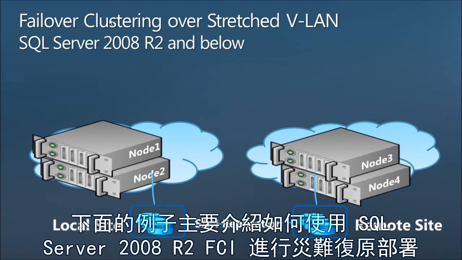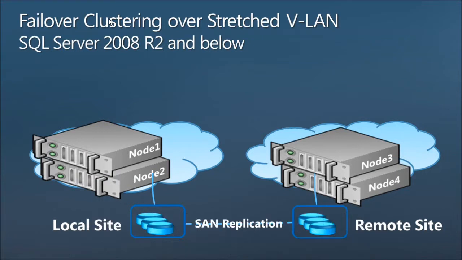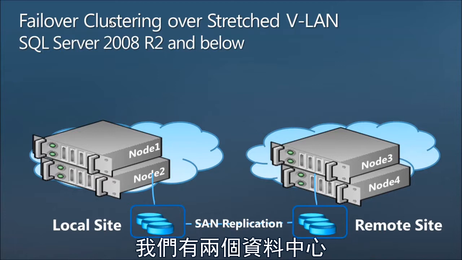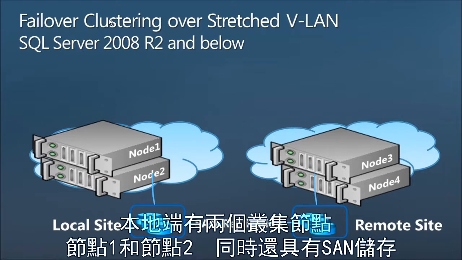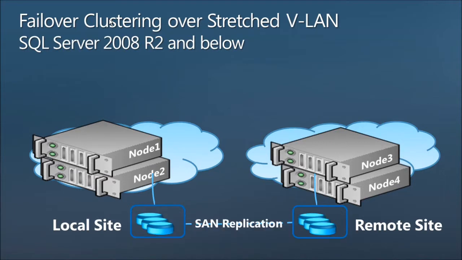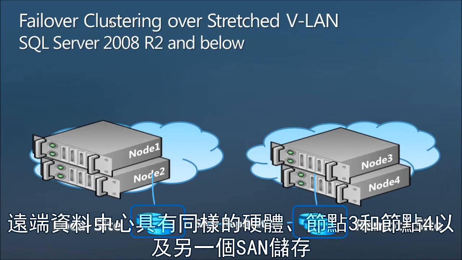Here's an example of how you can use SQL Server 2008 R2 FCI to create your disaster recovery deployment. So you have 2 data centers. On the local side, you have 2 cluster nodes, Node 1 and Node 2, and you also have a SAN storage. On the remote data center, you have the same hardware, Node 3 and Node 4, and another SAN storage.